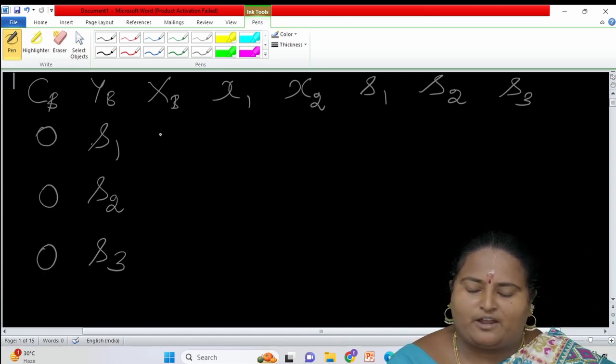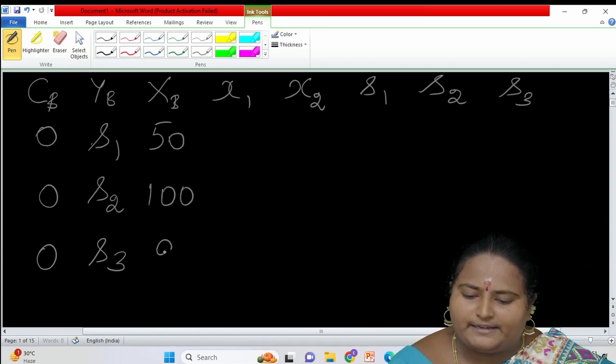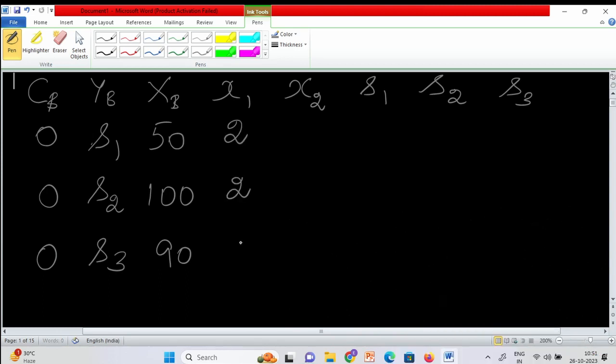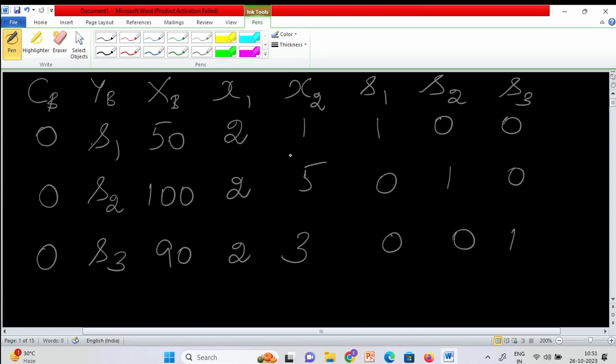In the XB column, we have 50, 100 and then 90. For x1, we have all the values as 2, 2, 2. For x2, we have 1, 5, 3 and then 1, 0, 0, 0, 1, 0, 0, 0, 1. This will be the pivotal element, x2 will be the entering variable and s2 will be the leaving variable.